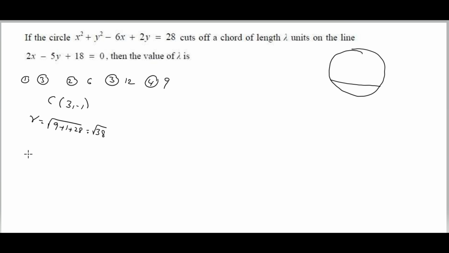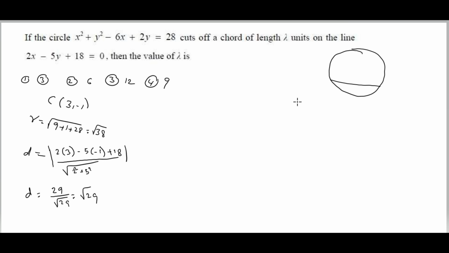Now we find d, the perpendicular distance from the center to the given line, that is 2 into 3 minus 5 into minus 1 plus 18 by under root of 2 square plus 5 square. That is d is equal to 6 plus 5, 11, plus 18, that is 29, by root of 2 square plus 5 square, 29, that is equal to root 29.